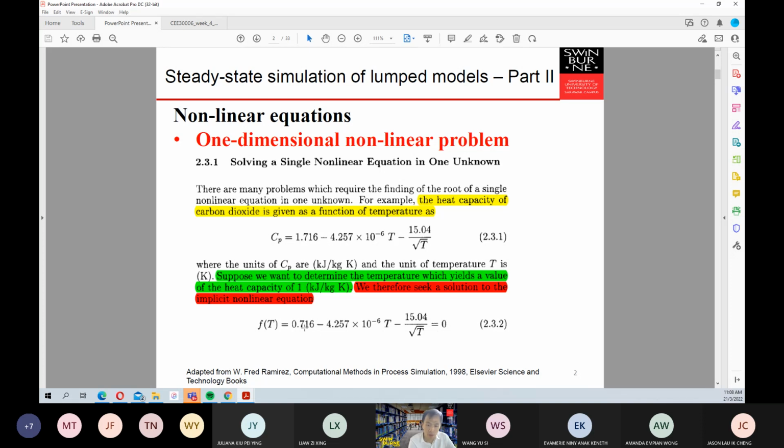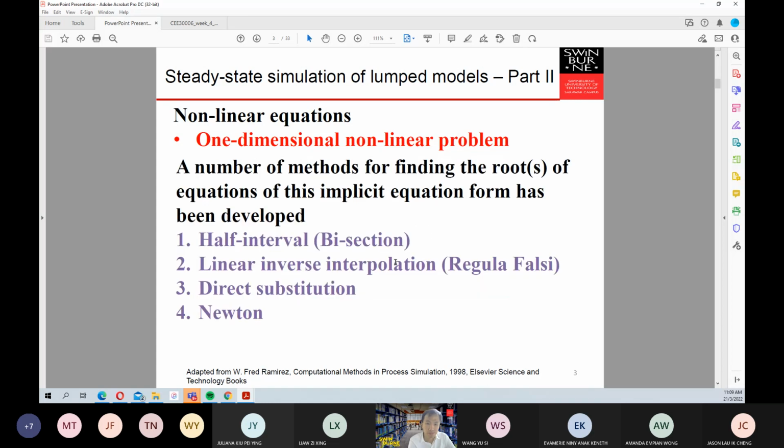So this one is 0.716 minus 4.257 times 10 to the minus 6 T. If we find the solution, the temperature that makes this function of temperature equal to 0, that will be the same as solving the problem where we want to determine the temperature that yields a heat capacity value of 1.